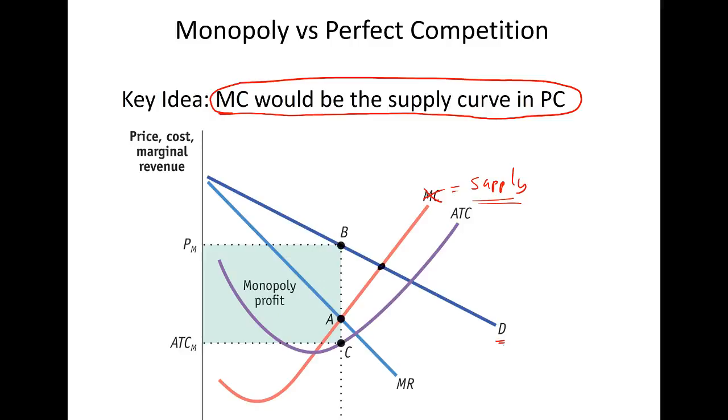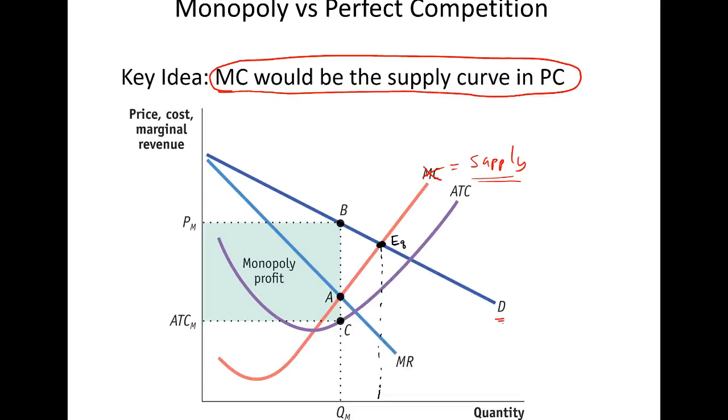So right here, this would be what we call equilibrium in supply and demand. And so if we trace down, this would be the quantity in a perfectly competitive market, and then we would just trace over to find the price. That's the price in a perfect competition environment.